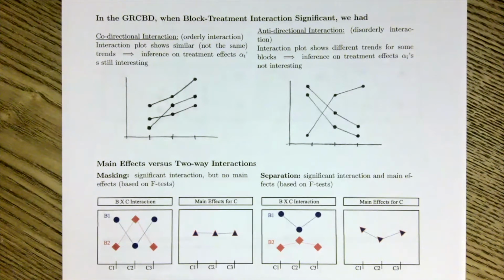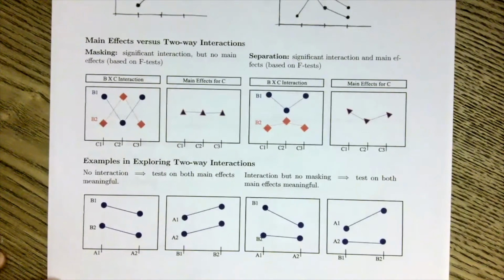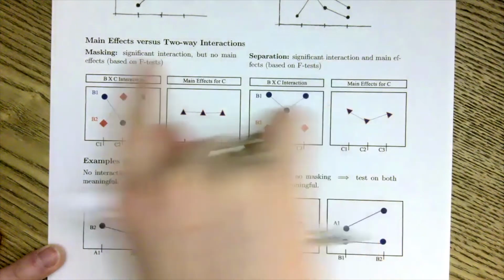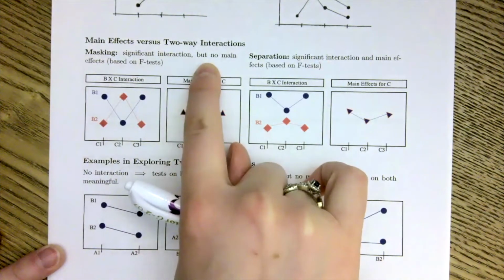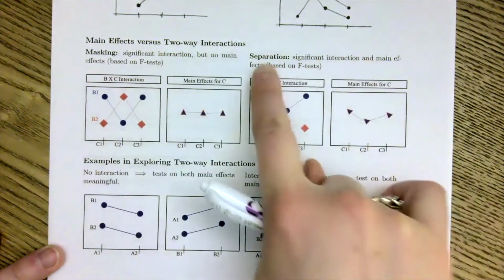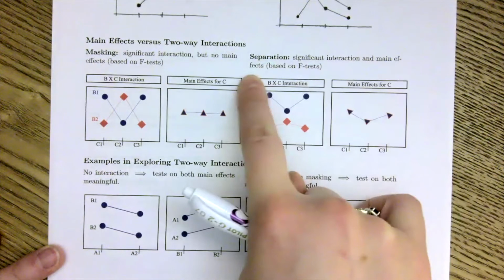Now we are going to have two different terms called masking and separation. Masking and separation are when our interaction terms are significant, but masking is when the main effects are not significant, and separation is when the main effects are significant.